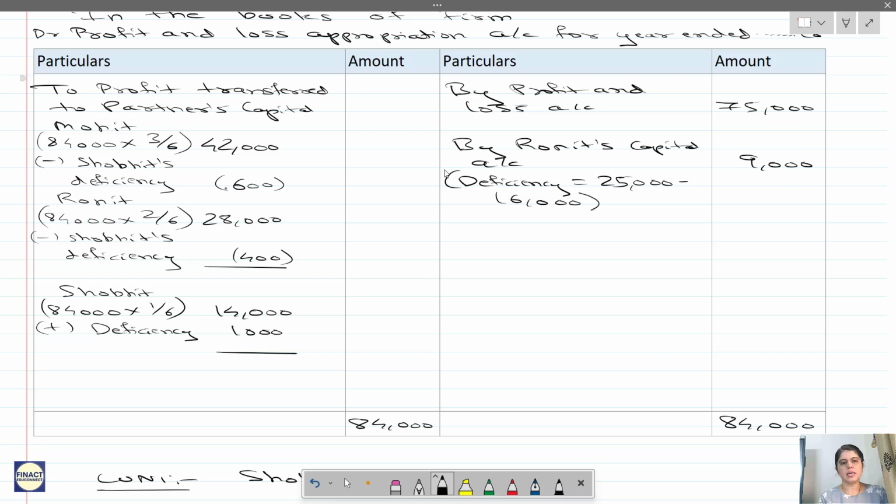Now let us take this to the outer column. So this comes to 15,000, this is 28,000 minus 400, so 27,600, 42,000 minus 600, so you get 41,400. If you add it, you should get 84,000.